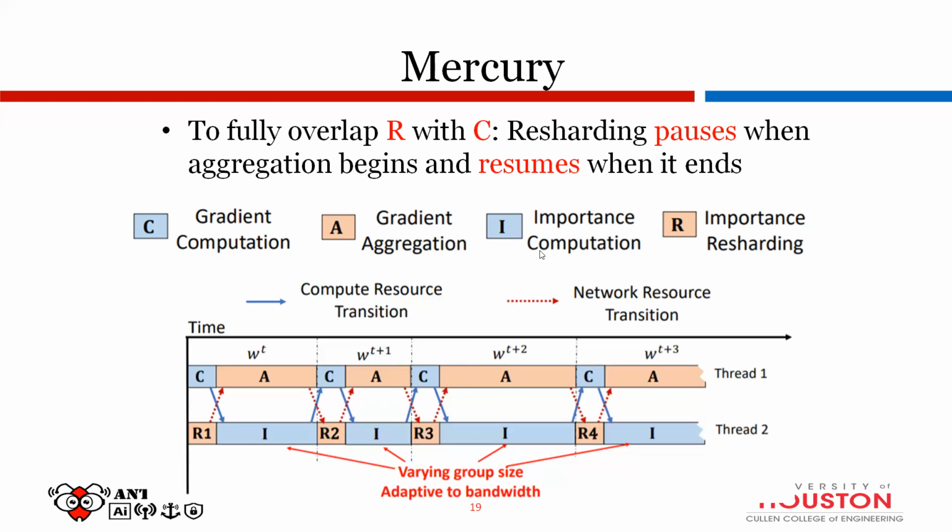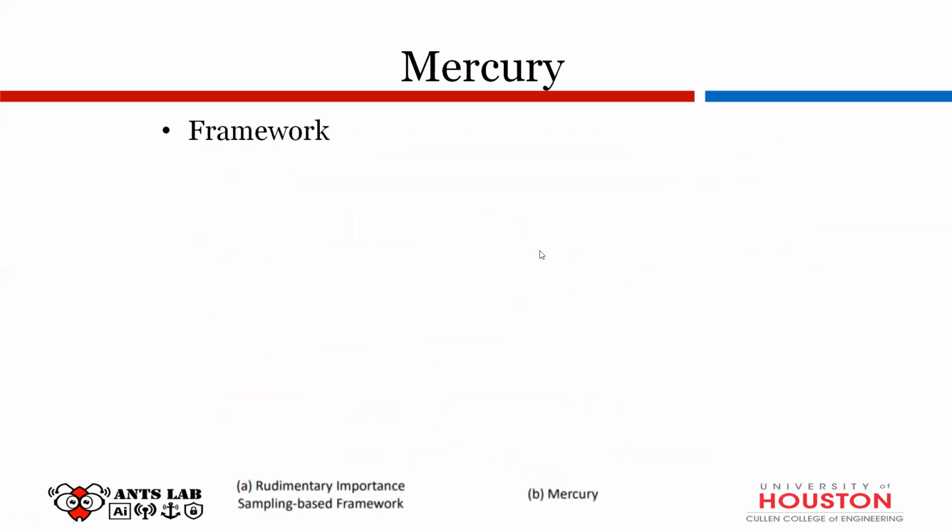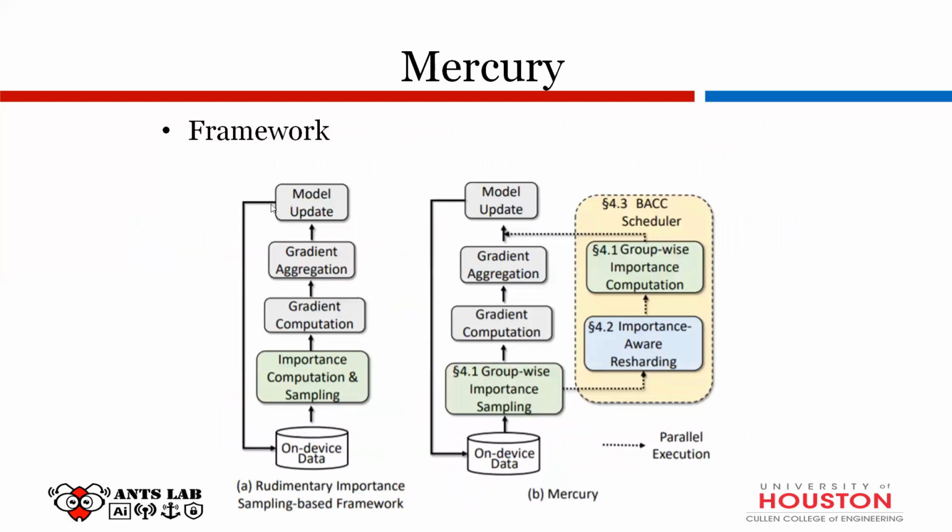So that is pretty much how Mercury deals with these challenges while using importance sampling to increase the efficiency of training. Here on the left side is the unpolished version: you just do the importance computation and sampling with all the downsides we just mentioned. And the right side is Mercury, how they actually solve these problems.